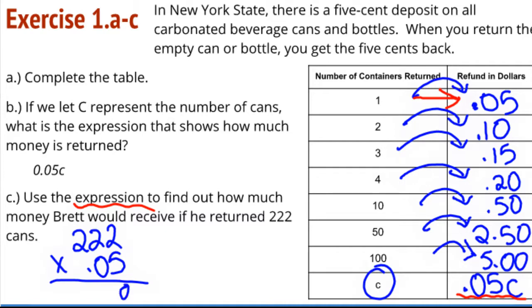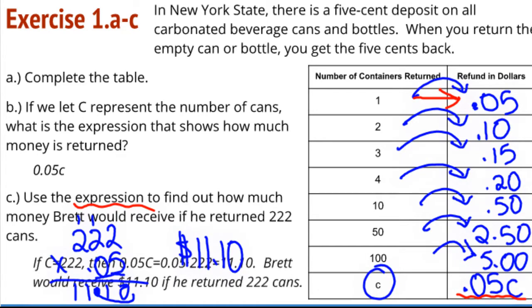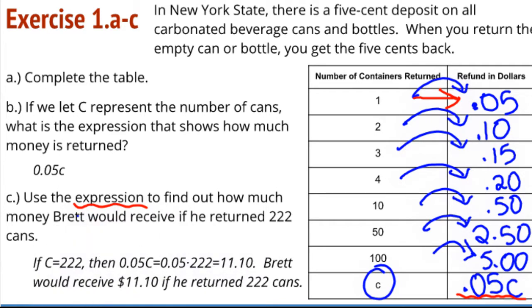So I'm going to have a 10, and a regroup, and an 11, and a regroup, and I've got an 11. And the decimal is going to move 2 places. And I'm going to find out that I would get $11.10. And that's what's hidden underneath all of my writing here, $11.10.